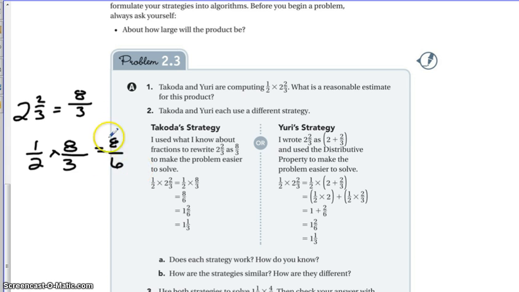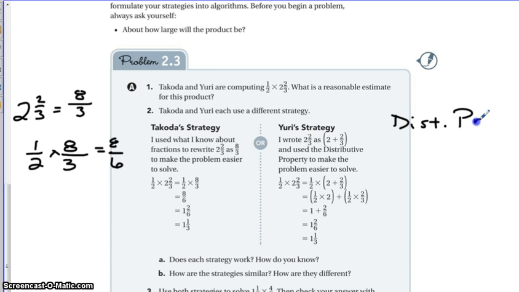So we know Dakota's works because he's just making them improper and then solving it to get rid of the whole numbers. We know that Yuri's strategy works because of the distributive property.